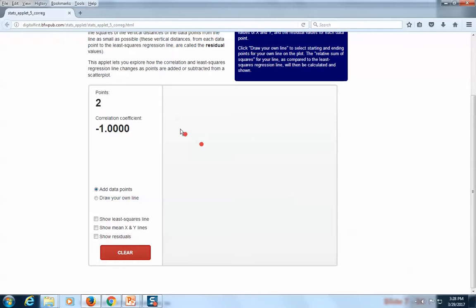Notice that these 2 points form a straight line. So my correlation currently is -1. But as I add more points, you can see the correlation coefficient changes with every point that I add. And I'm adding points that are all kind of scattered and in a straight line. So you will notice that the correlation coefficient is staying fairly close to -1.